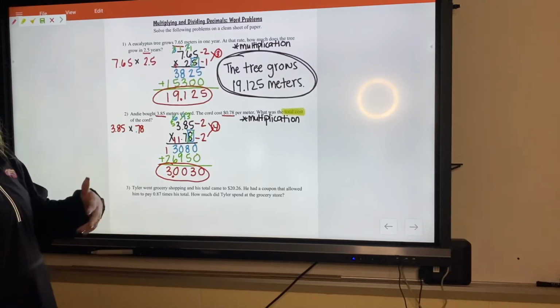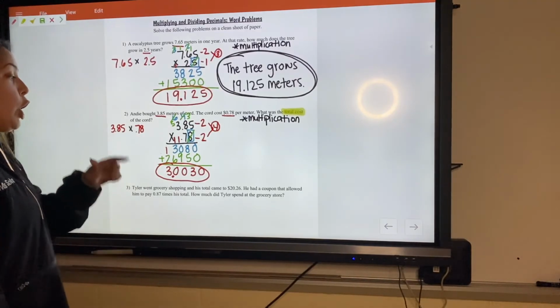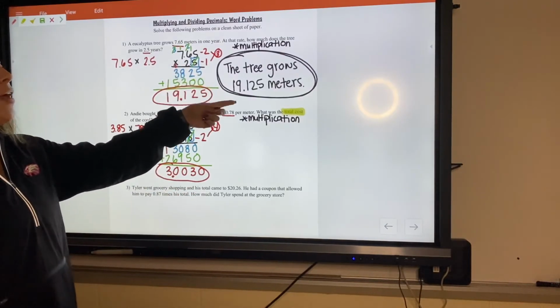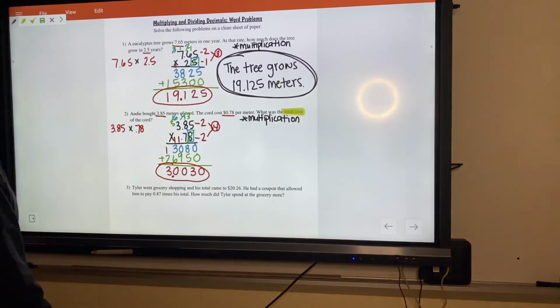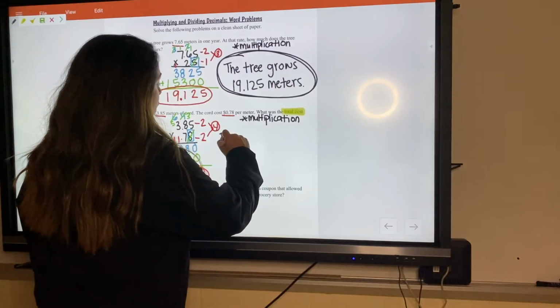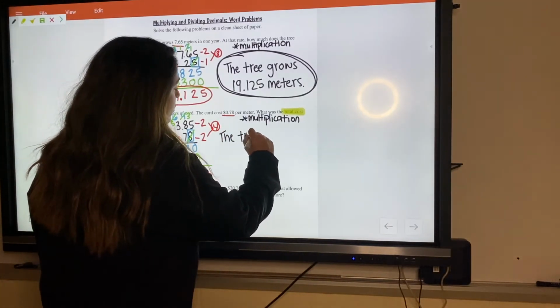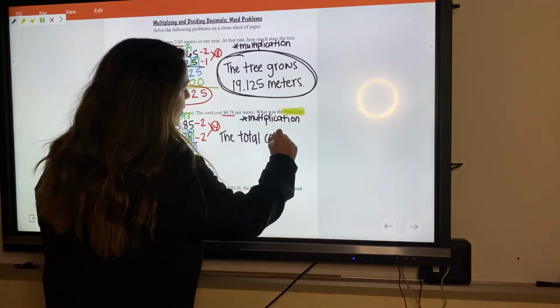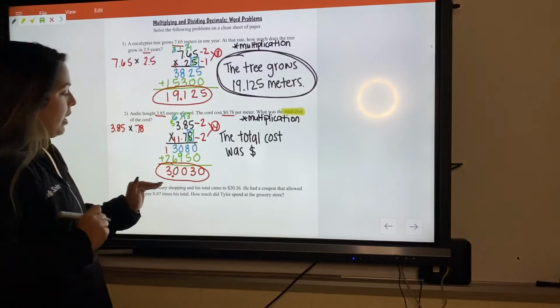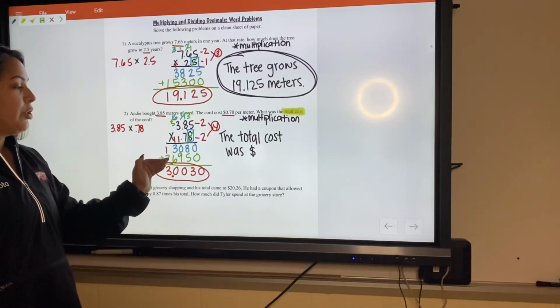Now, since we're dealing with money, however, we need to round this to the nearest penny whenever we write our sentence. So I'm going to start off my sentence. It says, what was the total cost of the cord? We can say the total cost was, put my dollar sign, and we have 3.0030.